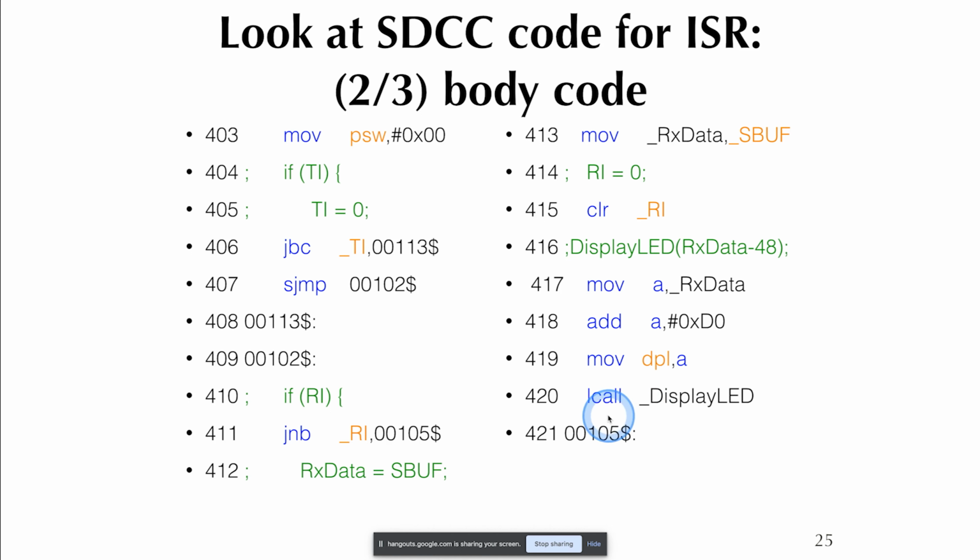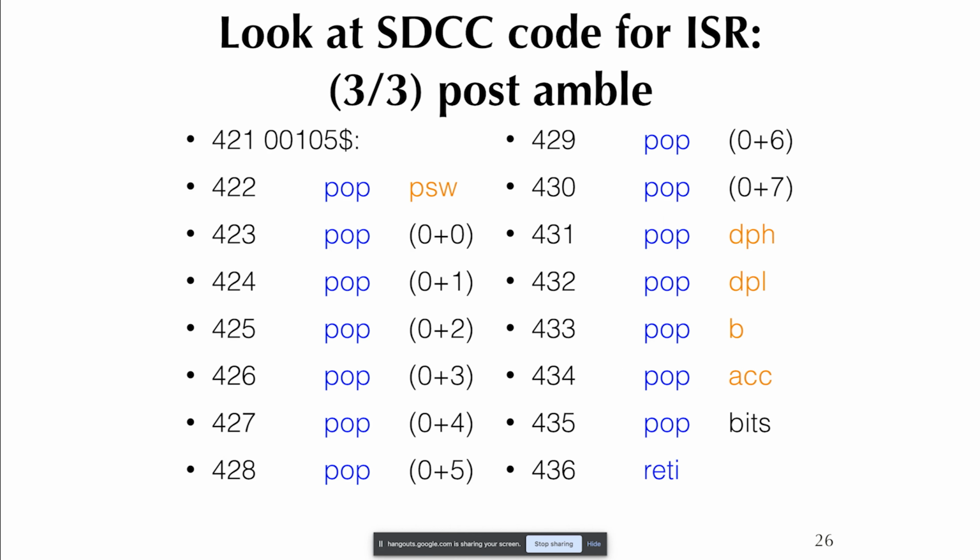And that's so that it can make the call to display LED, okay? And then after that, it returns back, pops PSW, pops registers 0, 1, 2, 3, 4, 5, 6, 7, pops DPH, pops DPL, pops B, pops ACC, pops bits, before it does the RETI.